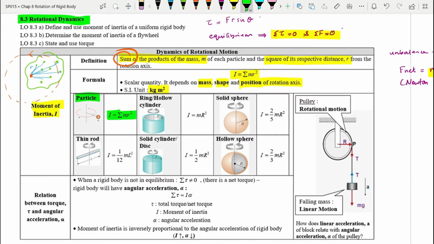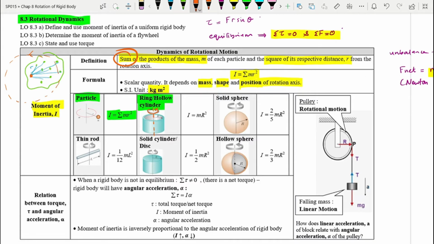Tapi if let's say the shape is specific, for example, shape dia adalah hollow cylinder ataupun berbentuk ring. Okay, jadi untuk kita cari moment of inertia untuk silinder, hollow cylinder yang rotate dia mesti ada axis of rotation kat tengah. Okay, so dia rotate beginilah.